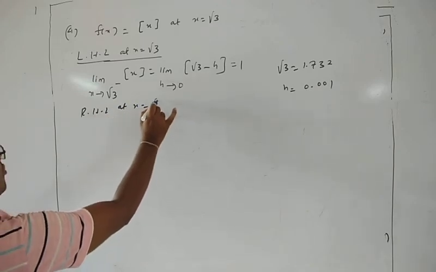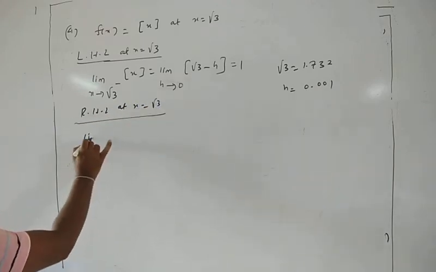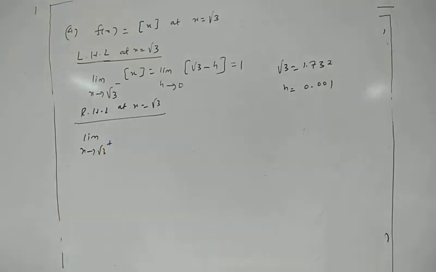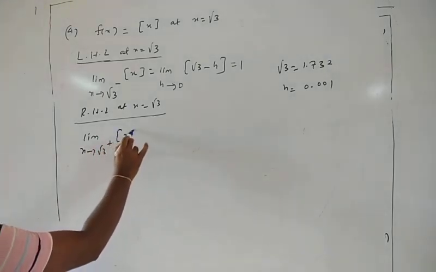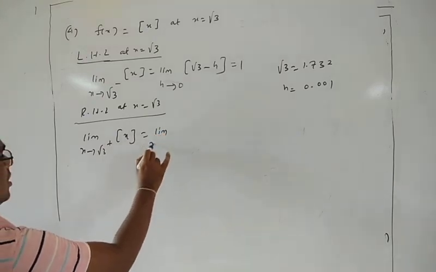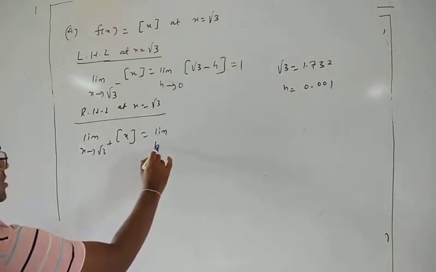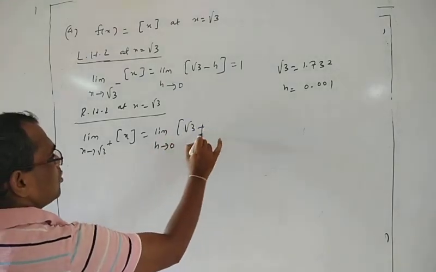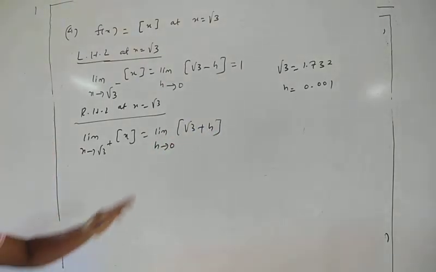At x is equal to √3, limit x tends to √3 plus of bracket x. So this is equal to limit h tends to 0 of √3 plus h. So what is its value?